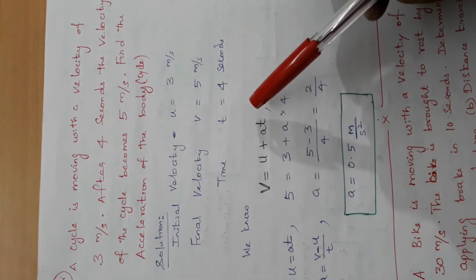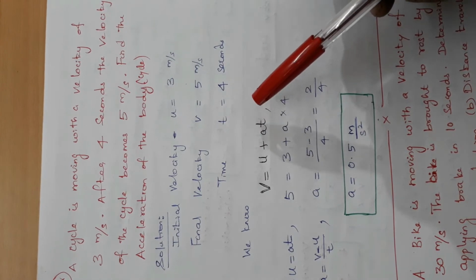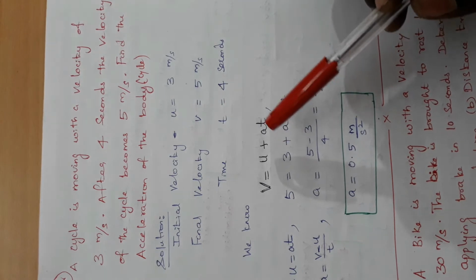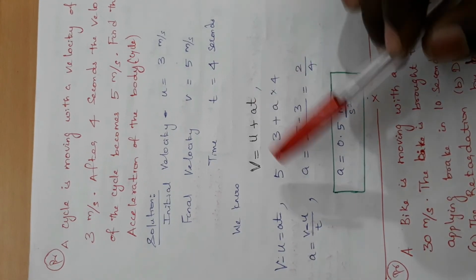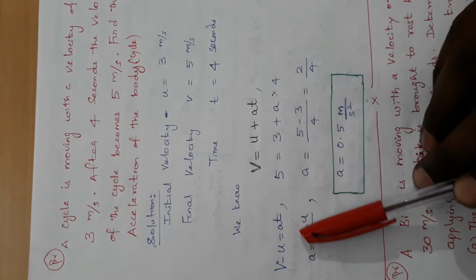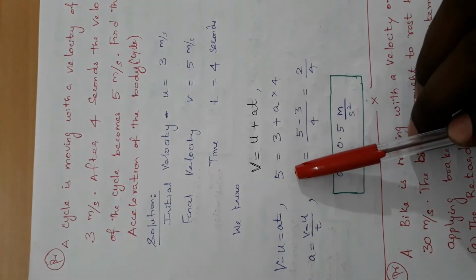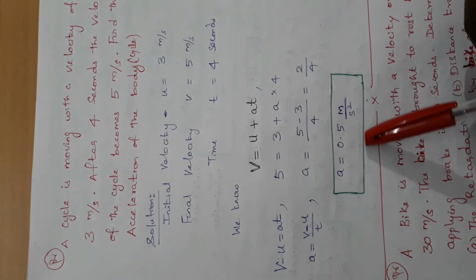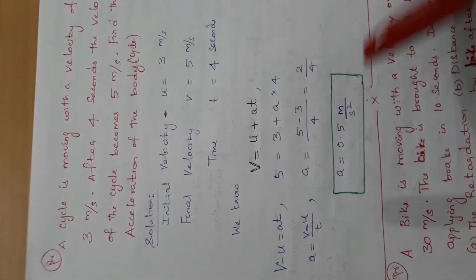So v is equal to u plus at is the only formula where you have all the parameters except a, and so it is easy to choose which formula to use. Now we have v is equal to u plus at, we put all the values here, 5, 3, a into 4, and we find a is equal to 0.5 meter per second square.